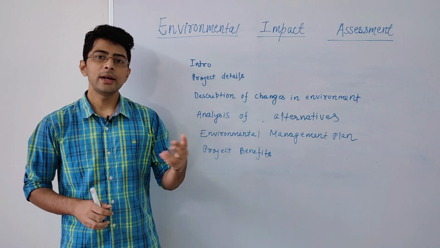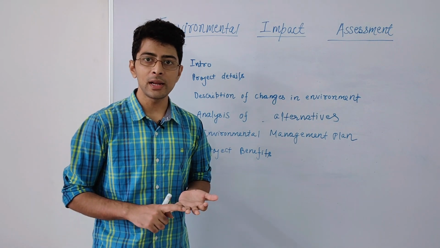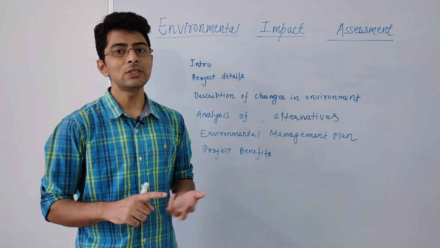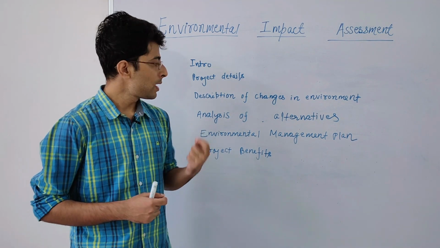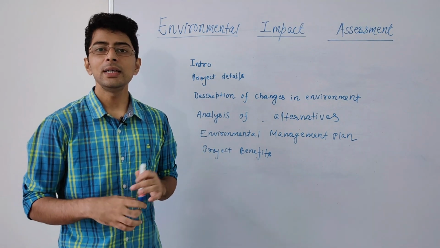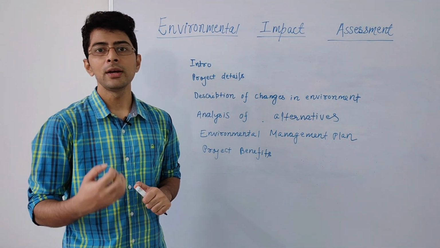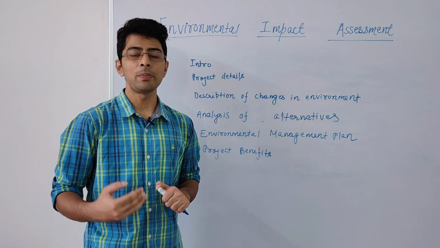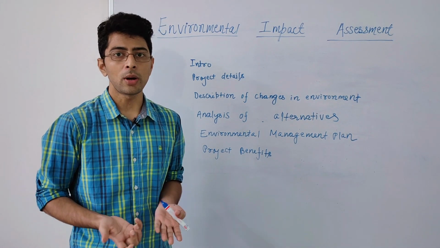Now there are two dimensions. The first dimension is the robustness of the environmental impact assessment report, which is very important to take an informed decision. And the second aspect of it is the time-bound manner of decision, which is equally important so that any developmental process can expedite, and it also makes economic sense.